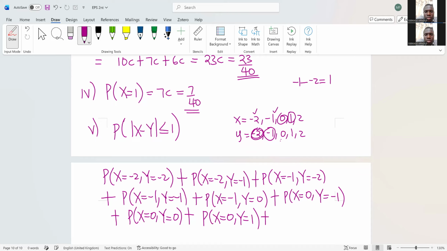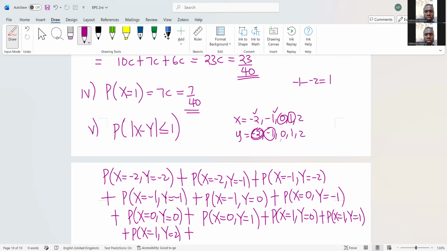So I have probability of x equals 1, y is a 0, plus probability of x equals 1, y is also a 1, then plus probability of x equals 1, y is a 2. Then x equals 1 is done.